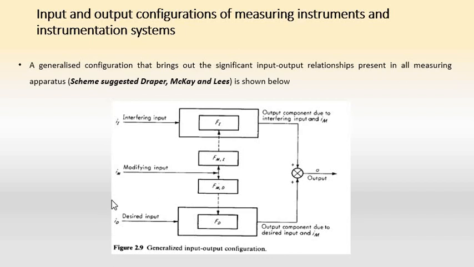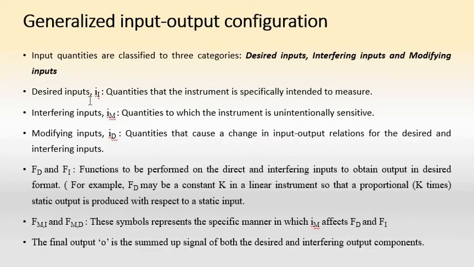Now what is this desired input? Whenever we are making an instrumentation device or measurement device, we aim to measure a particular variable by that instrument. Those variables or inputs which we intend to measure by that instrument are the desired input.